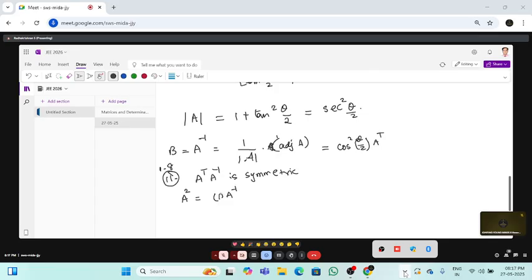First option is A inverse. Second option is A transpose whole square. Third option is A transpose into A inverse whole square.